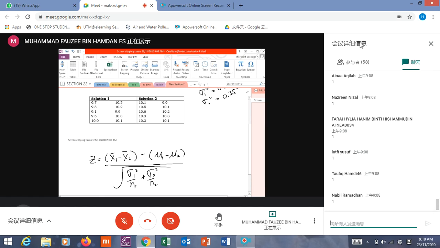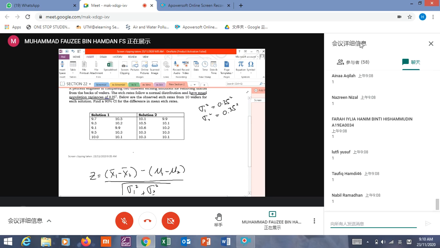You know n1 is equal to 10, n2 is equal to 10. Sigma 1 squared and sigma 2 squared you already know, which you can read from the table.